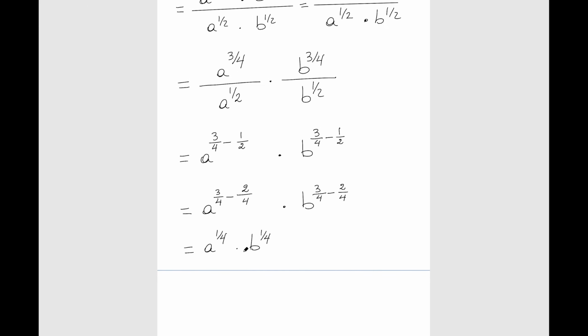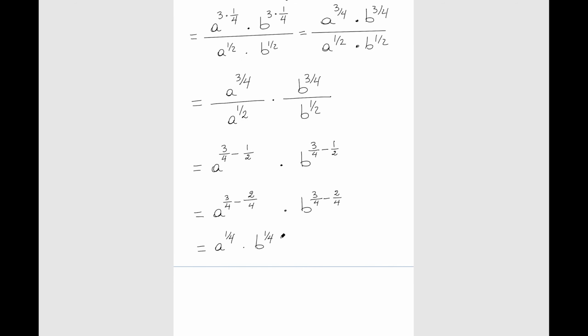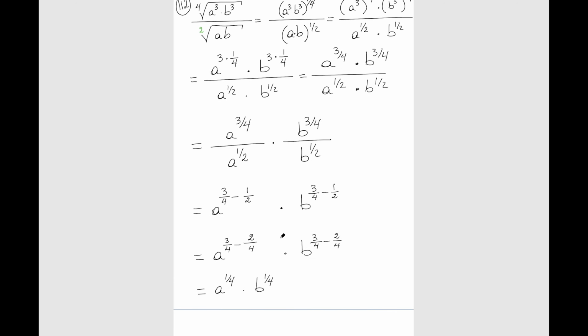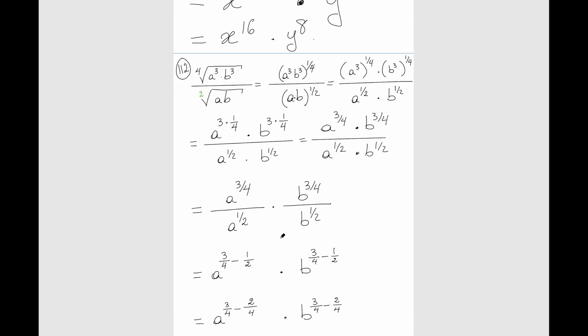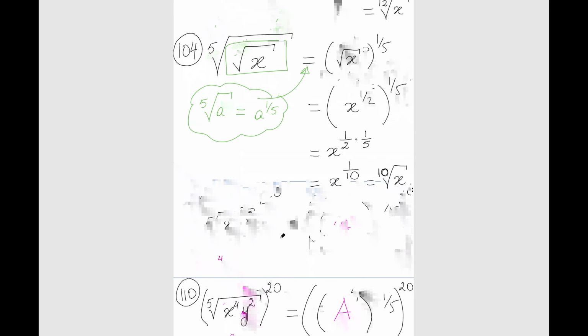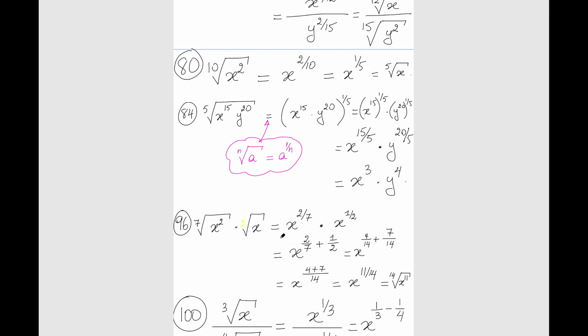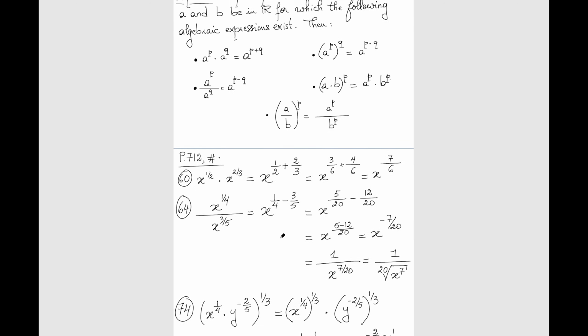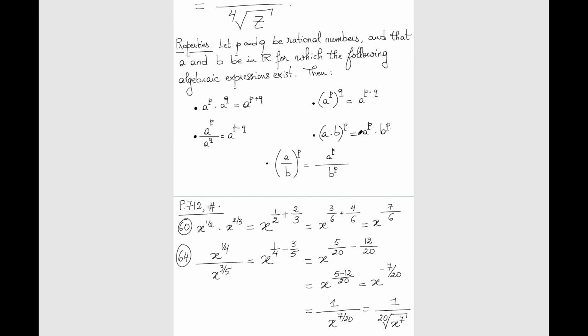They want us to write it in radical notation. Let's use one property before writing it using radical notation. I'm going to use the second to last property in the list of properties we mentioned, this one. I'm going to use it backwards this time. The p is 1/4.